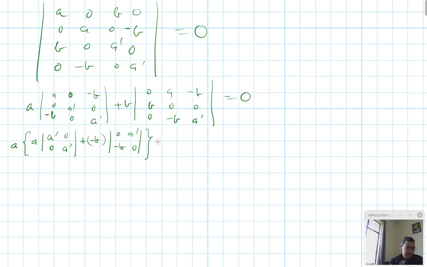then for this it is B, so if I expand it through this, then it is minus of A, and it is B 0 0 A, then it is plus minus B, it is B 0 0 minus B, it is equal to 0.